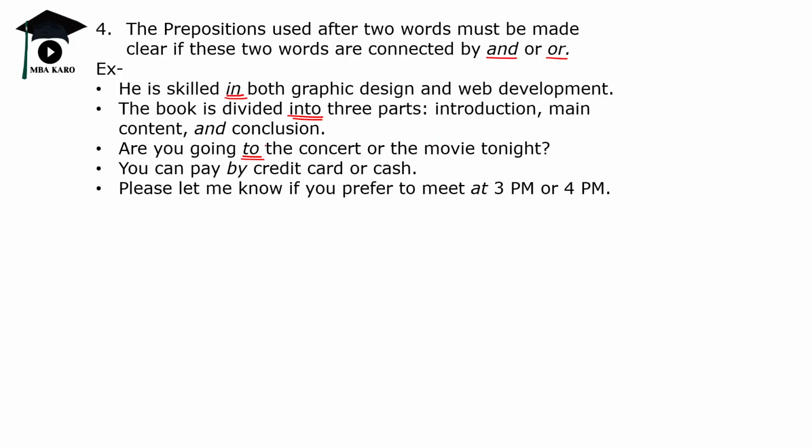Right? Then you can pay by credit card or cash. Please let me know if you prefer to meet at 3 p.m. or 4 p.m. So that's how you have to make preposition very clear when two words are connected by and or.